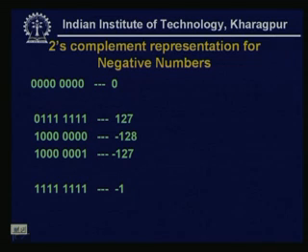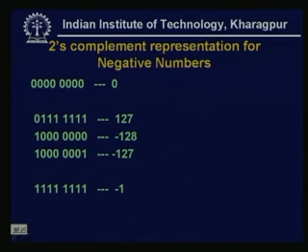Just now we have read how we can compute 2's complement. Say again it is 8 bits: 00000000 means 0, then up to 01111111 means 127.